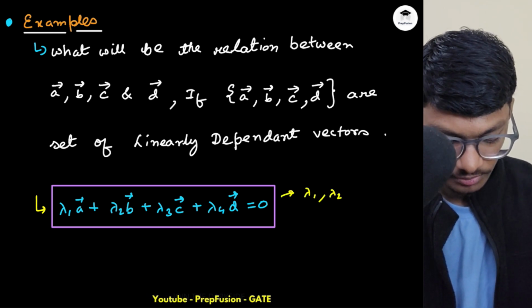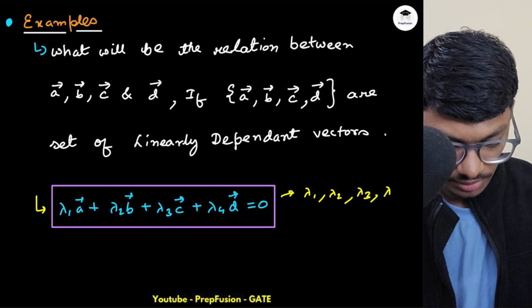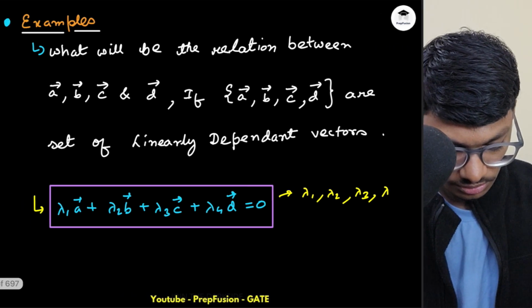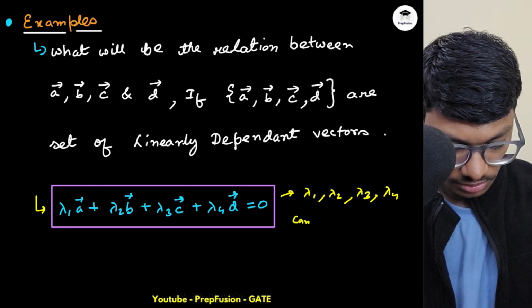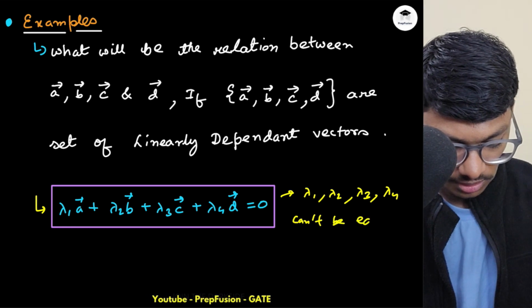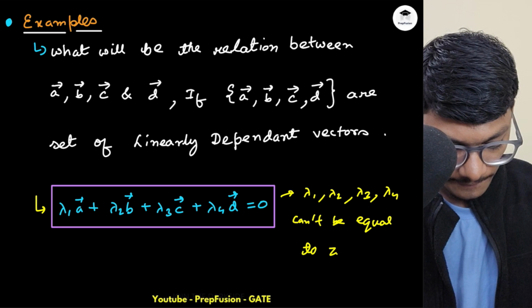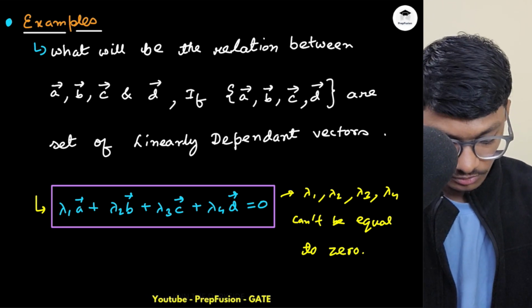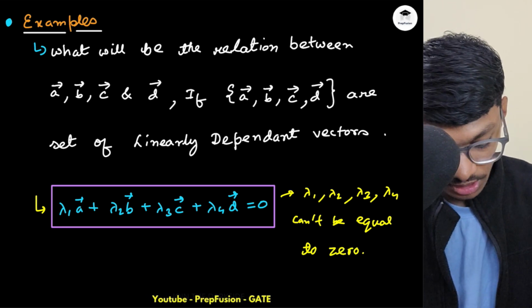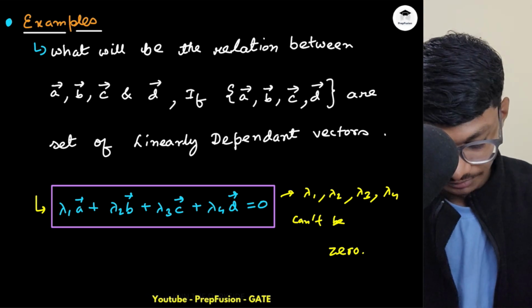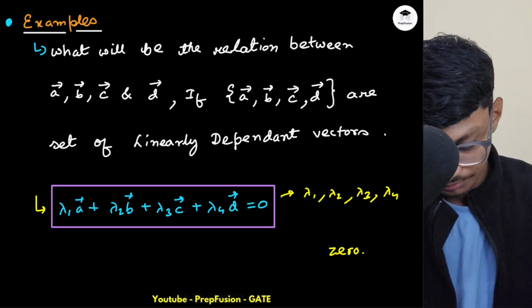Lambda 1, lambda 2, lambda 3, lambda 4 can't be 0 simultaneously.